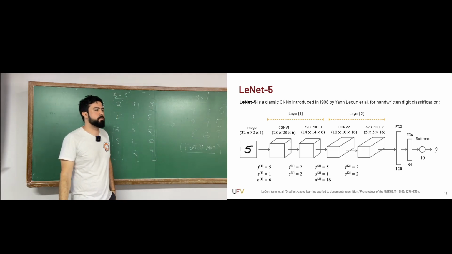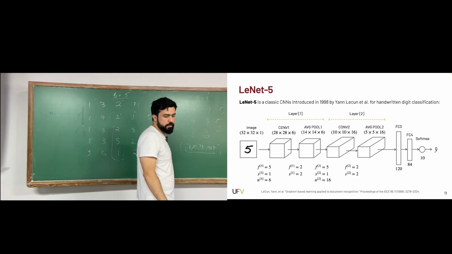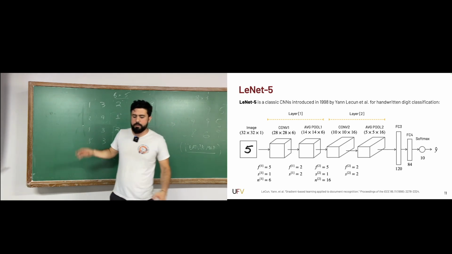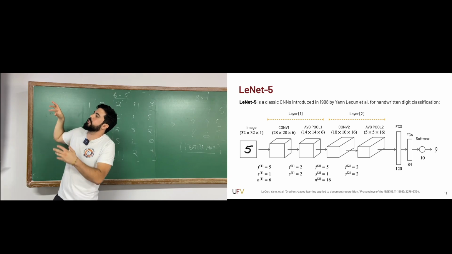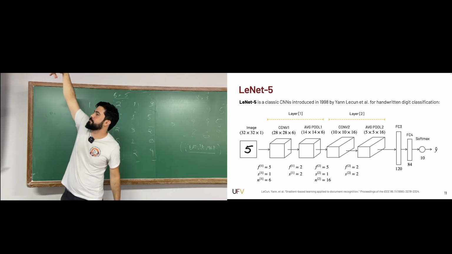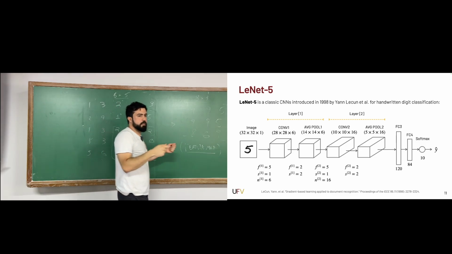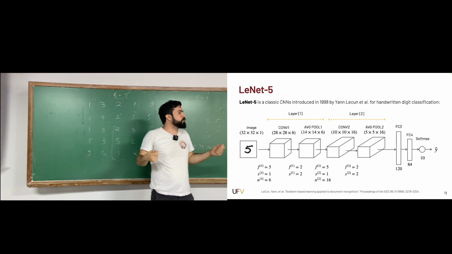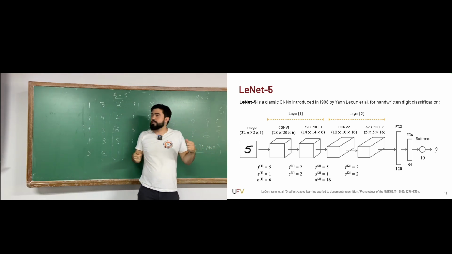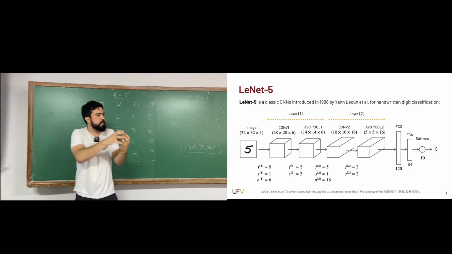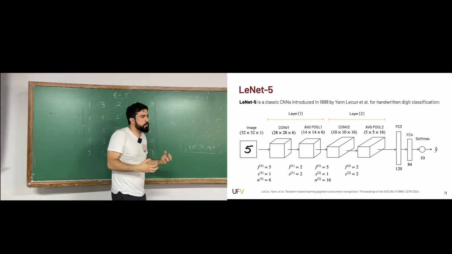We have digits from 0 to 9. Okay. So as we saw, this is very similar to what we had before. We just plugged two pooling layers in between the convolutions. And that's answering the question from before. Yeah, that's what we normally do. We normally run a convolution and then a pooling operation, okay?